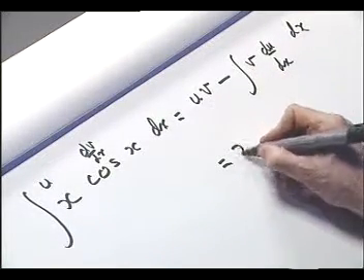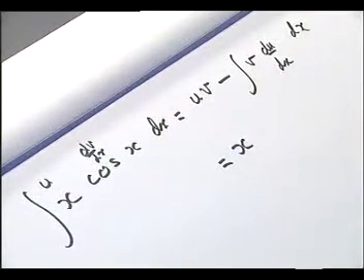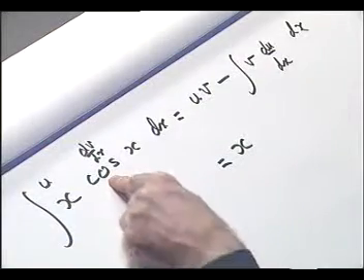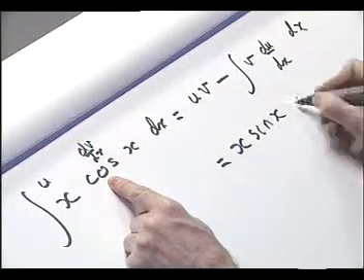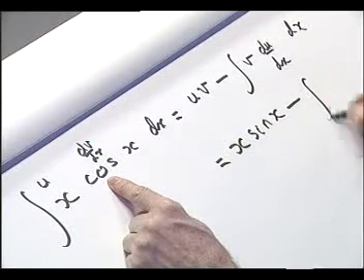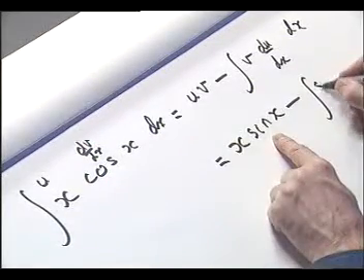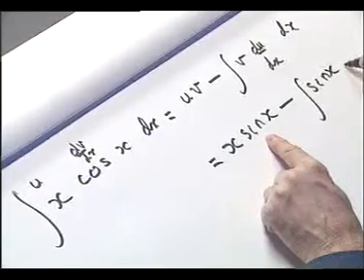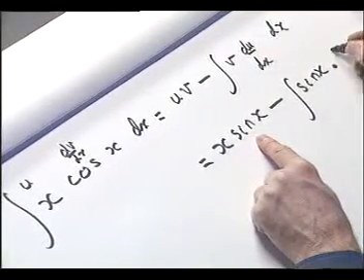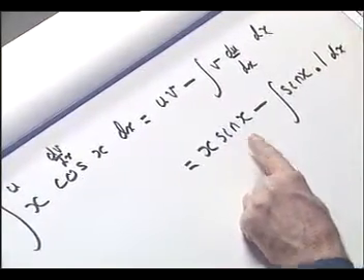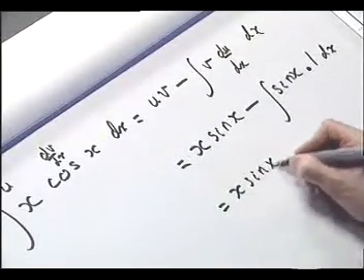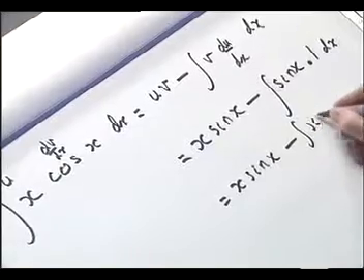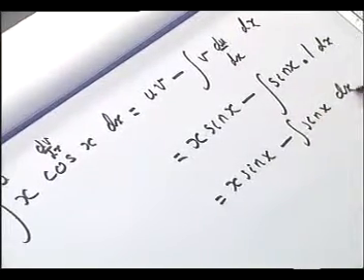U is x. Now v is the integral of cos x, which is just sine x, minus the integral of v, which we know is sine x, times by du by dx, which we know is 1. So this is x sine x minus the integral of sine x dx.